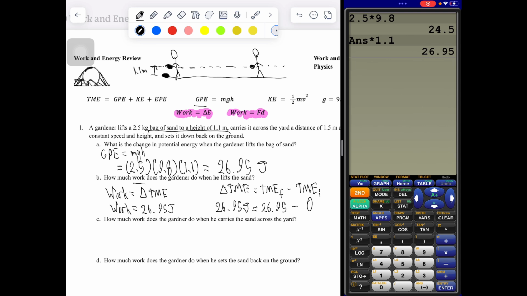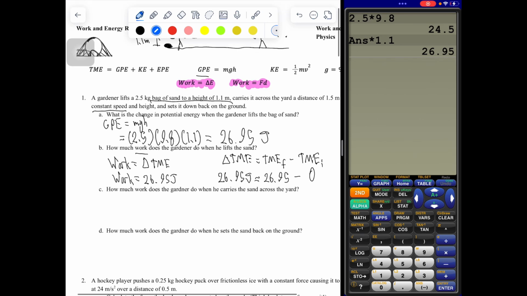So the gravitational potential energy is not changing. They are carrying it around at a constant speed. So that means that there is no change in energy. It's not gaining height. It's not gaining kinetic energy, so there's no change in energy as they're carrying it across the yard. So the work done here is 0.